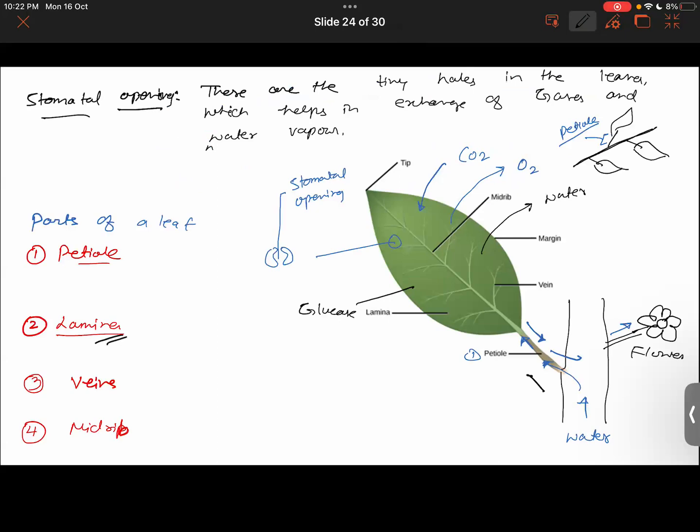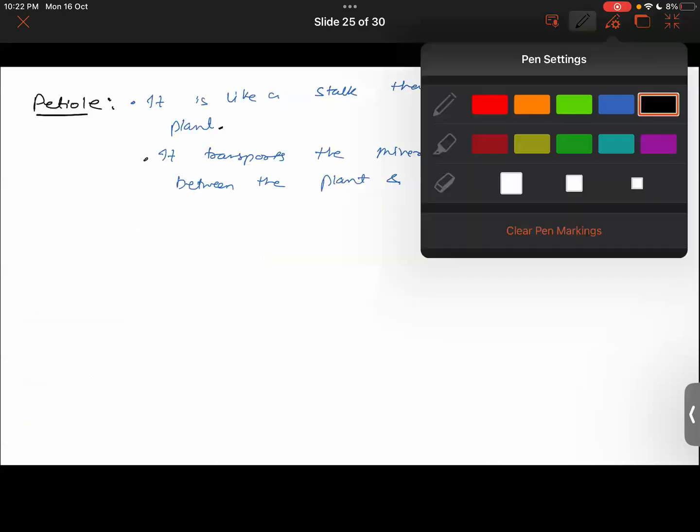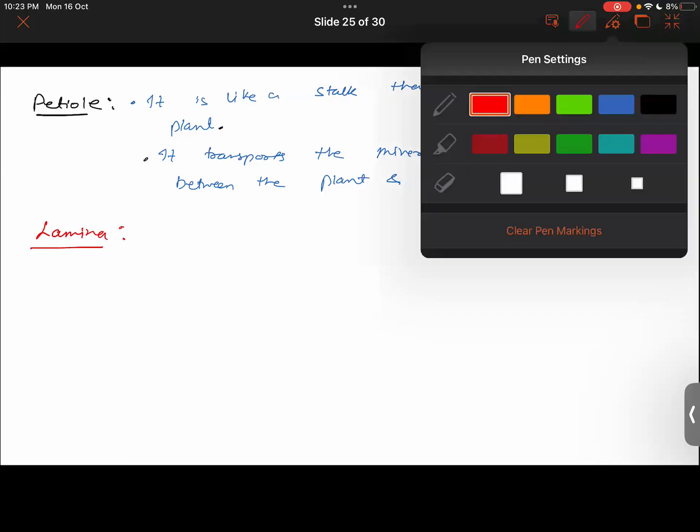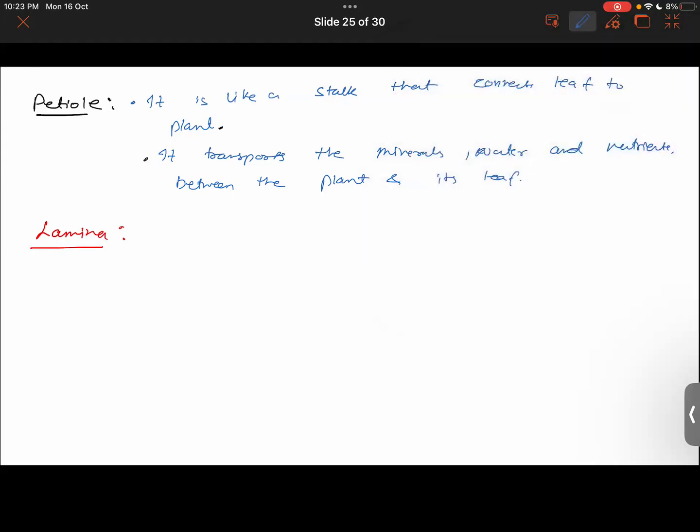So lamina is nothing but what? It's the green region. What is lamina? I'm asking a question. What is lamina responsible for? It is responsible for making food.